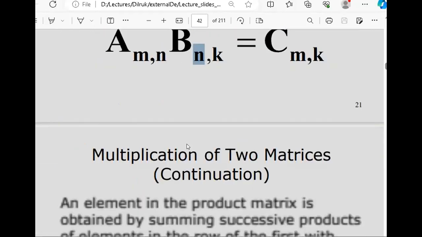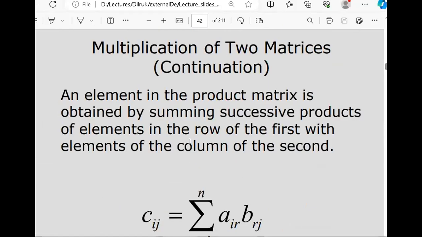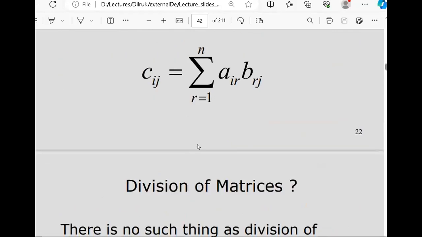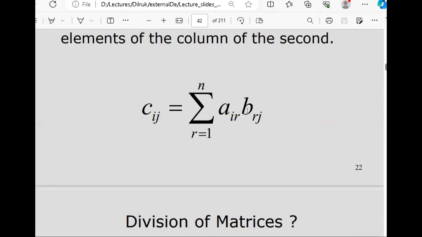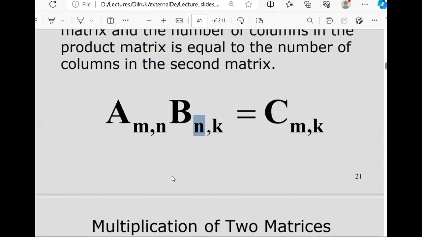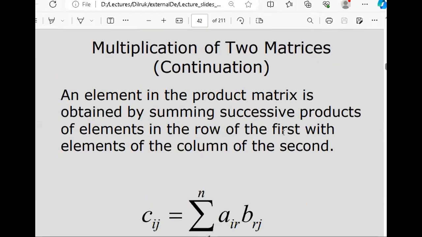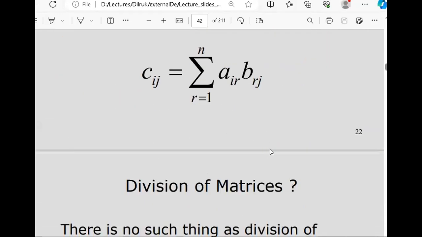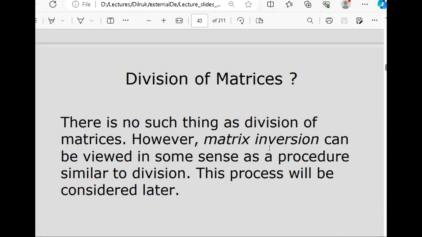We learned this in first year, and this is how you find the elements in the resultant matrix. You know how to multiply.